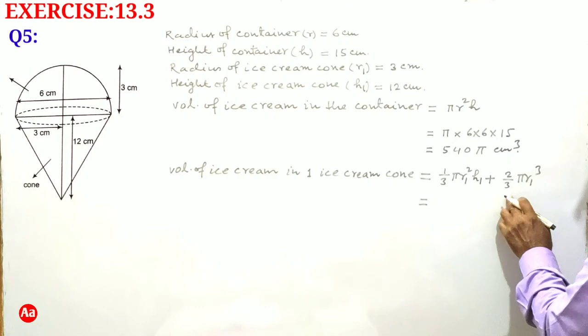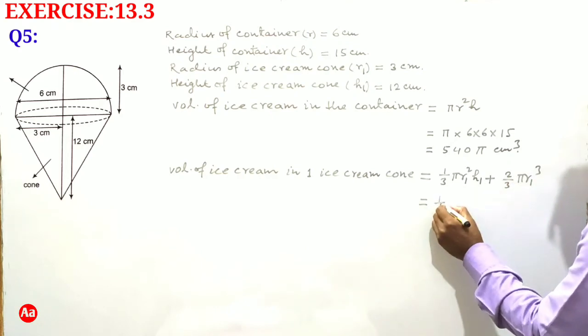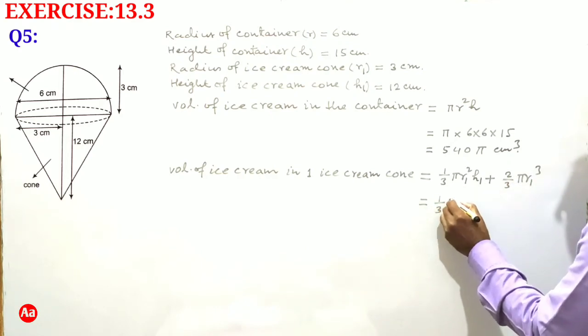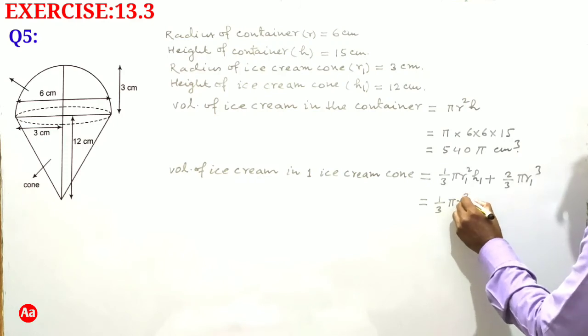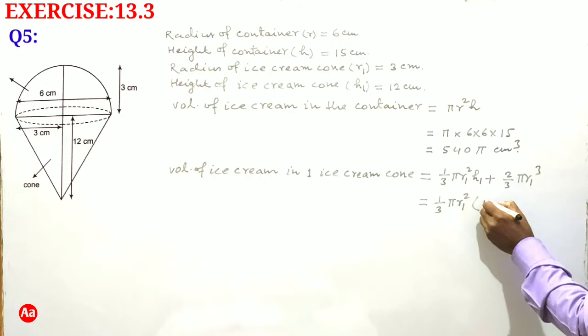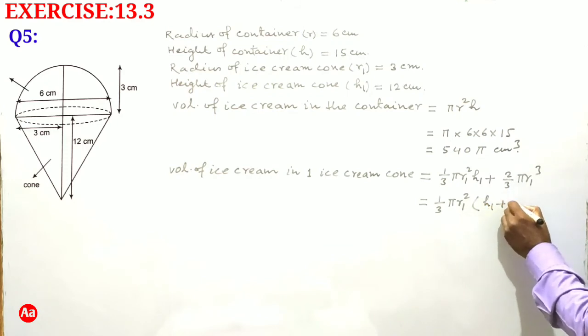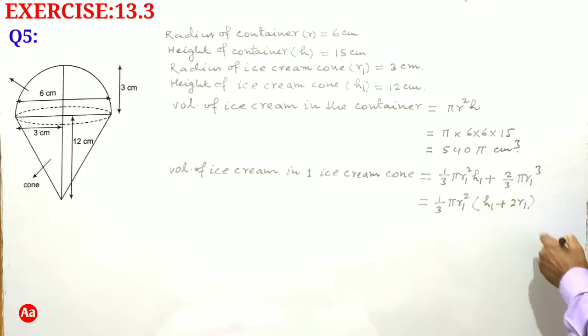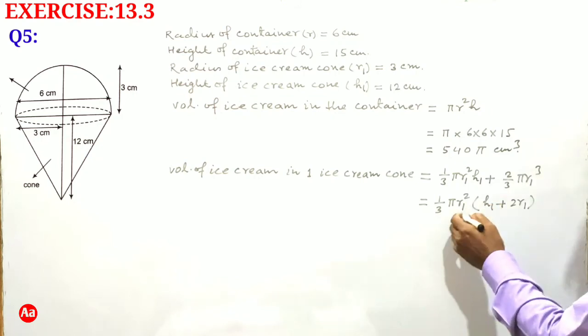Now let's take 1 by 3 pi r1 square common. So from here it will be h1 plus 2r1.